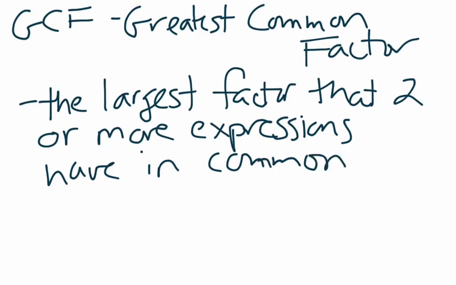Common. Okay, so you have greatest, that's the largest factor here, that two or more expressions have in common. So what you would do is you would look at your two expressions and you would look at all of the factors, and then you try to figure out what's the biggest factor that they share together.